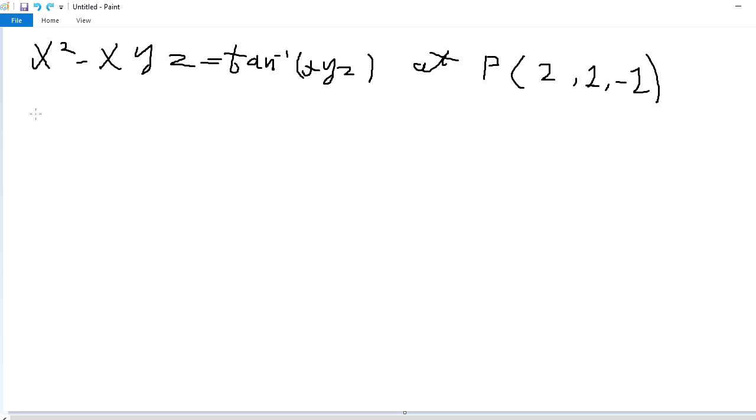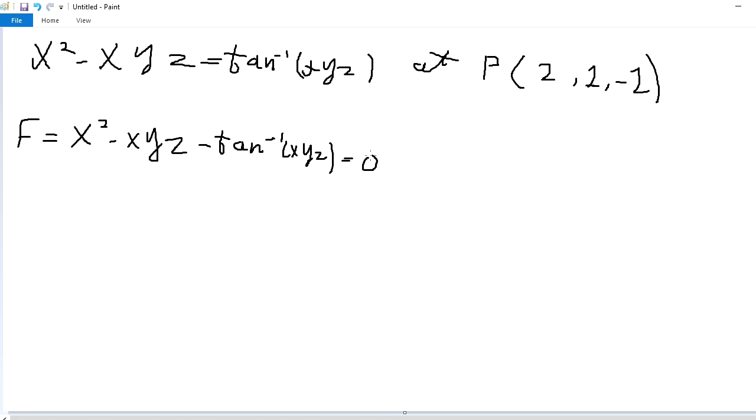So let's start writing f first. F is going to equal x squared minus x times y times z, and I'm moving this tangent to the left side, so it's going to be negative tan inverse of x, y, z, and then equal to 0.